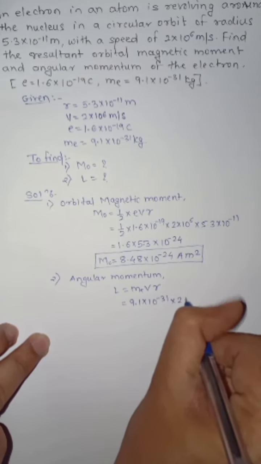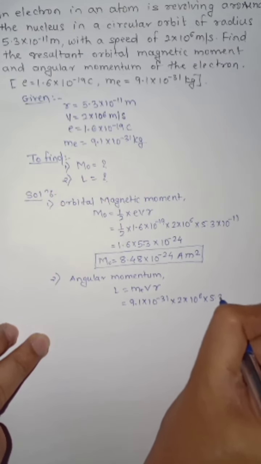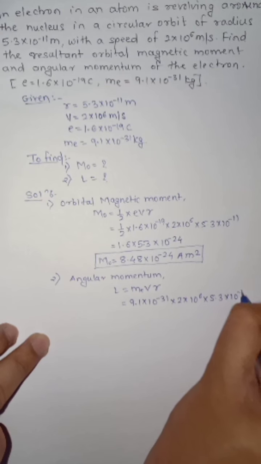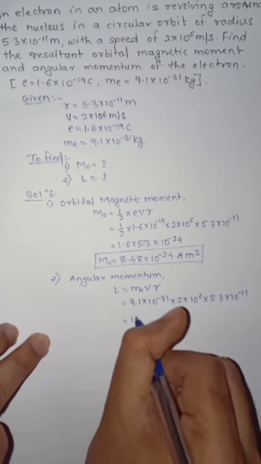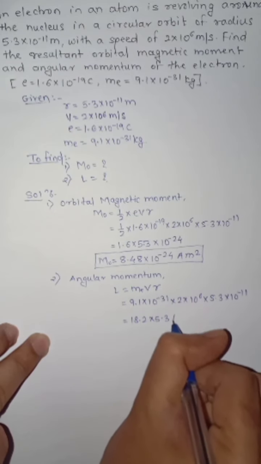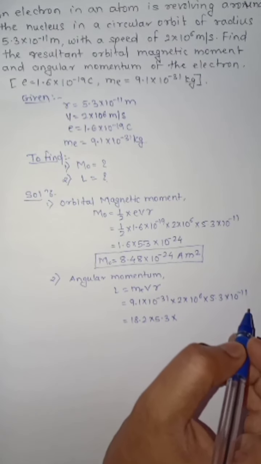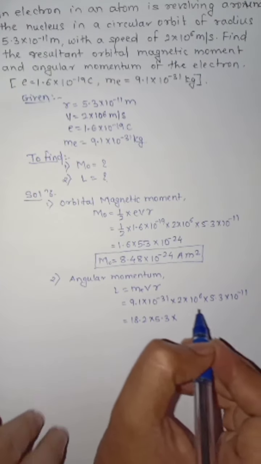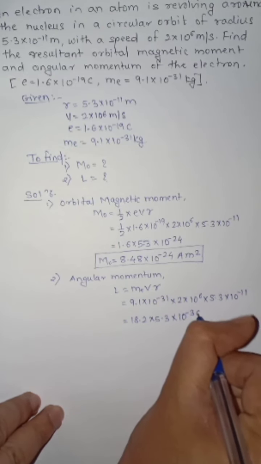V is 2 into 10 raised to 6, and the radius is 5.3 into 10 raised to minus 11. So 9.1 into 2 is 18.2 into this 5.3. Then power is minus 31 and minus 11, which is equal to minus 42, and plus this 6 is equal to 10 raised to minus 36.